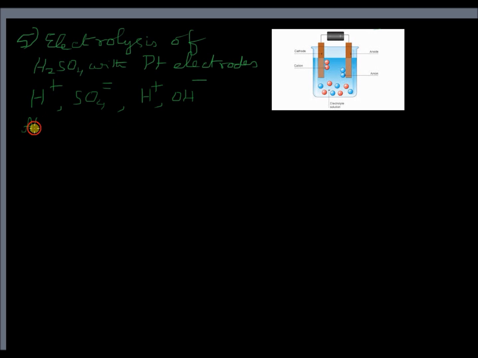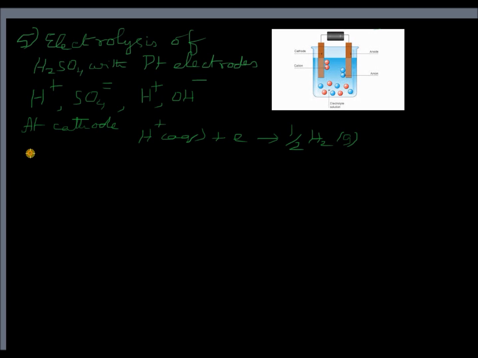At the cathode, whether it is the reduction of the H plus ions from sulfuric acid or the reduction of water, the product is going to be hydrogen gas. So we will write the reaction at the cathode as H plus (aq) taking an electron to form half H2 gas.